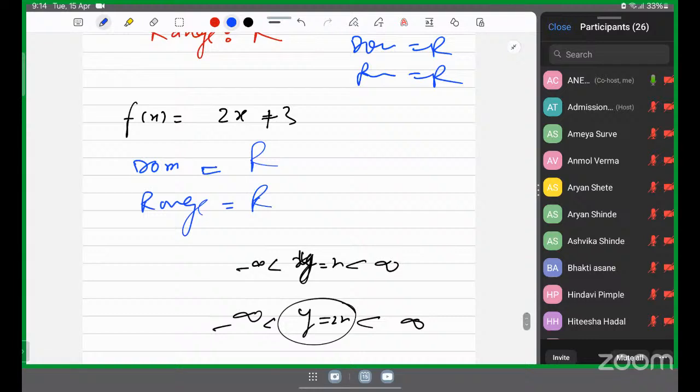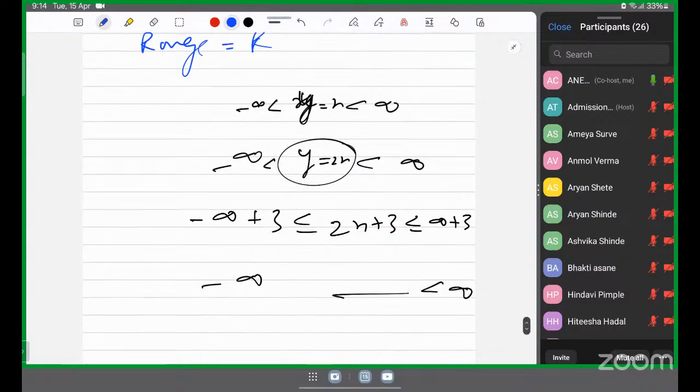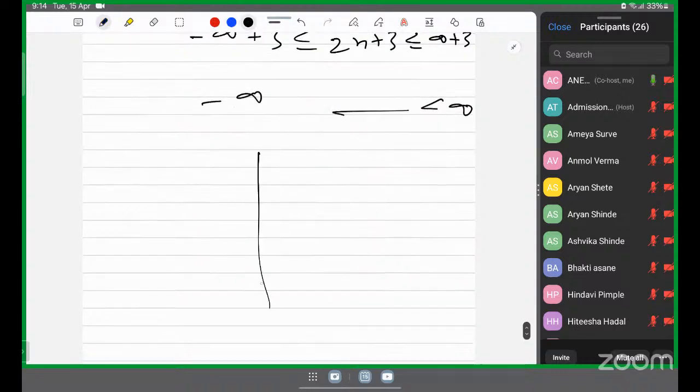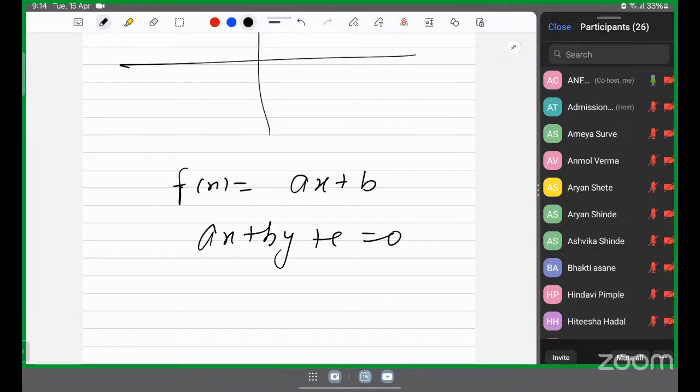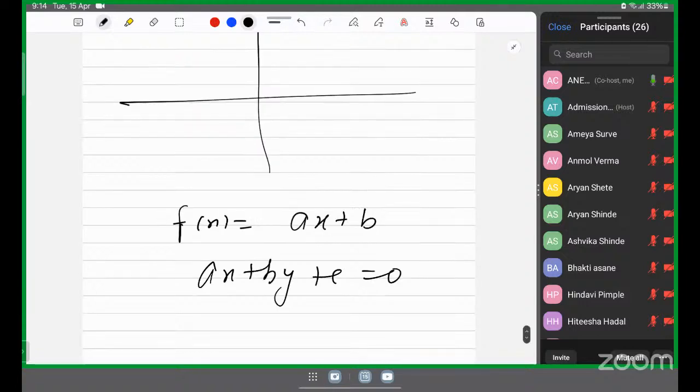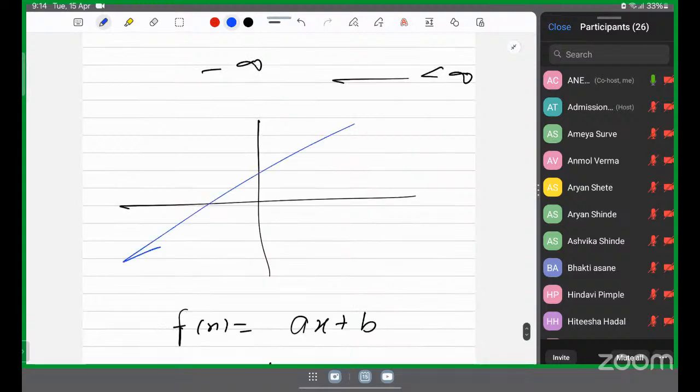In other words, you can also look at it in a graphical way. If you have any function of the format ax plus b, or ax plus by plus c equals 0, the graph will be a straight line. Ax plus b equals y is a straight line.